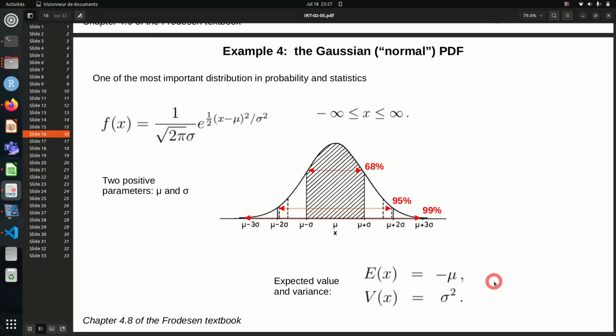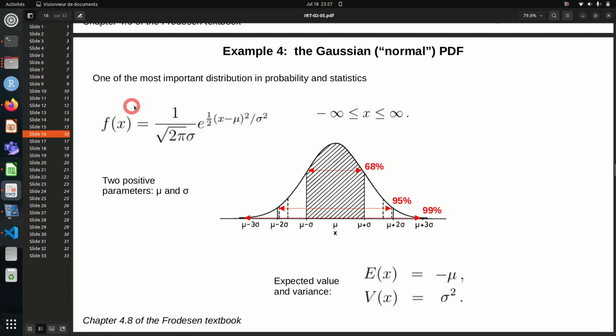This man was, we can honestly say, a real genius of mathematics in his time. And the Gauss function is not the only thing that he has worked on. He has not, of course, been the only one to work on that, especially because this function is probably the most important PDF in probability and statistics.